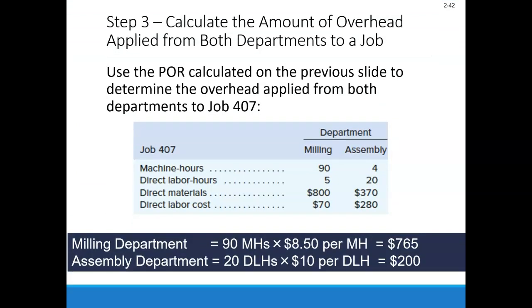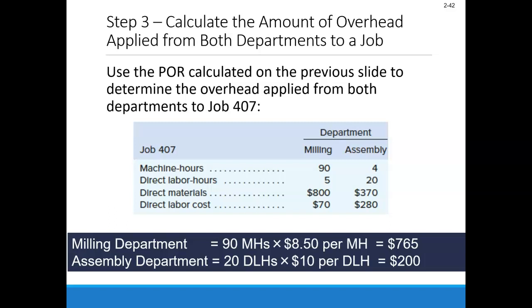So what are we going to apply to each job? Well, we're going to apply to each job what actually was used. So in this case, the milling actually used 90 machine hours. So we take actual machine hours times the predetermined overhead rate of $8.50 to give us what we're applying from the milling department.